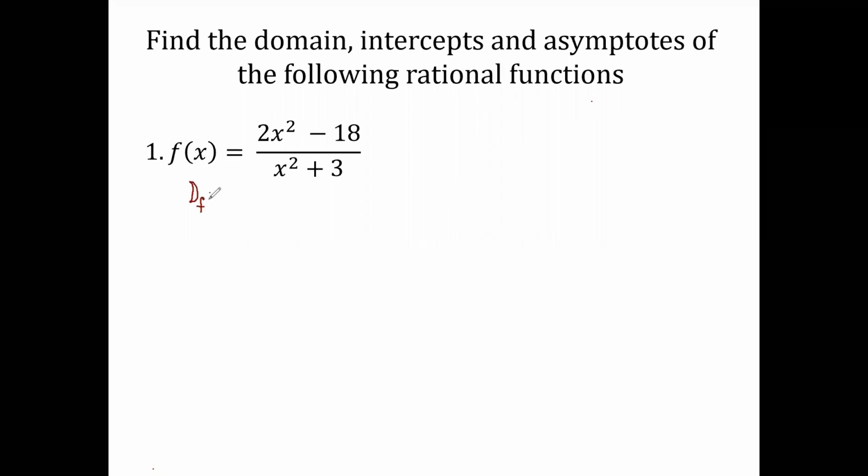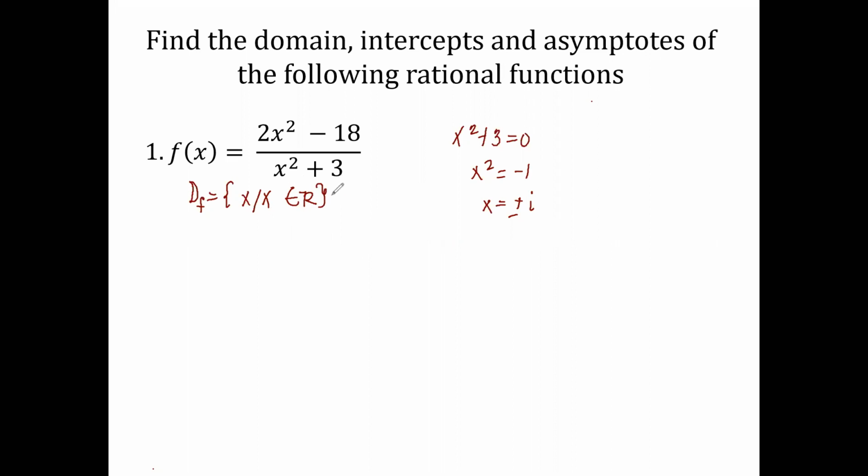So the domain of f is x such that x, so equating the denominator to 0, you have x squared plus 3 equals 0, x squared equals -3, x equals the square root of -3, positive, negative i. So meaning, the only values that will make the denominator equal to 0 are imaginary, so that means it's a set of all real numbers.